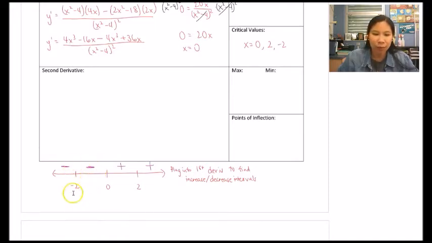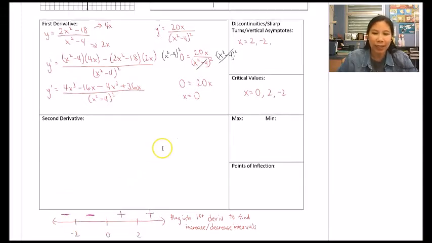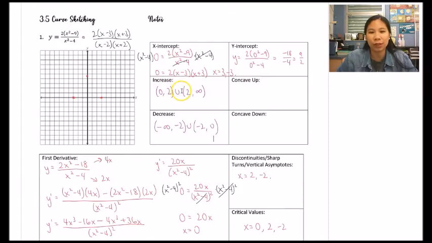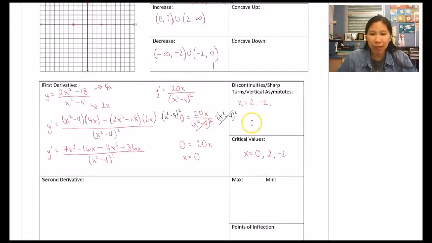However, remember at negative 2, we said the slope there is 0 because in order to find this number, we had to set the derivative equal to 0. And so at negative 2, it's actually a constant. It's not increasing nor decreasing. It's constant. And so that's why I had to kind of break up my intervals here at the 2 and at the negative 2.